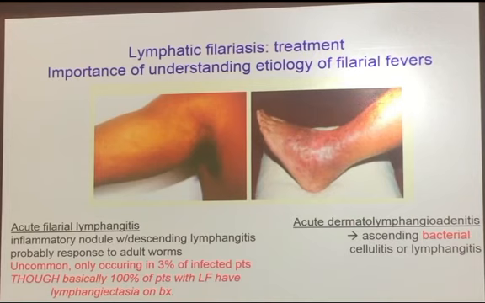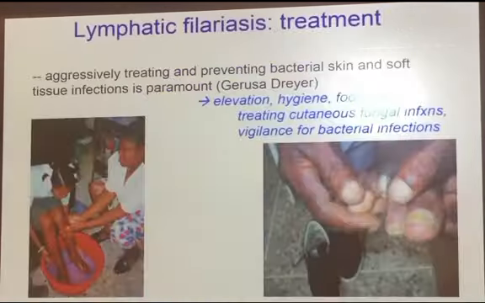So in the filarial world, we divide inflammation against the worm and inflammation against bacteria into 2 different names, but they're both just descriptive. Acute filarial lymphangitis versus acute dermatolymphangioadenitis, which just means acute inflammation of the skin and lymph nodes. And probably when people have inflammatory events of their limbs, 97% of the time, it's the bacteria.